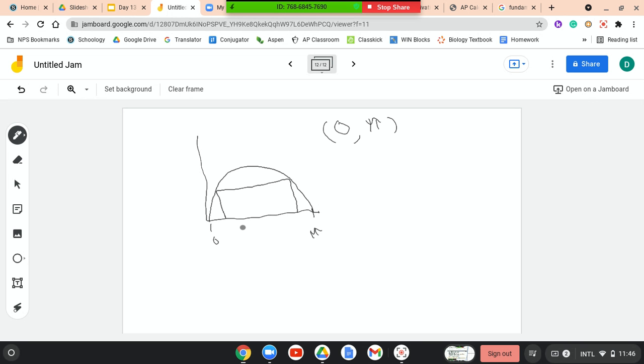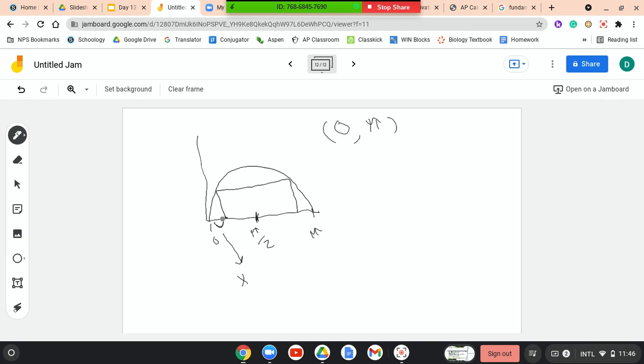Here's what I'm going to do. The halfway point is going to be pi over 2. I'm going to label the distance from 0 to the start of the rectangle as x.